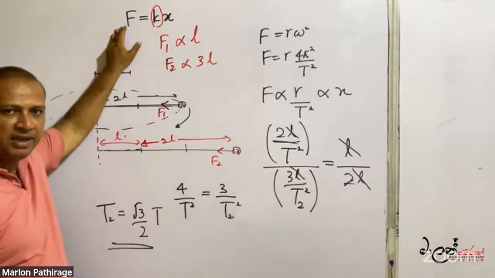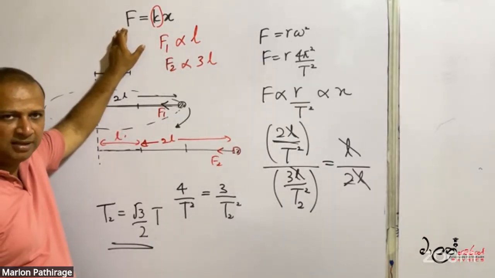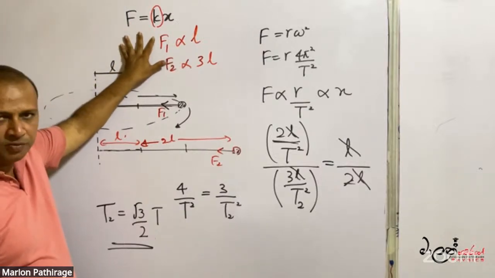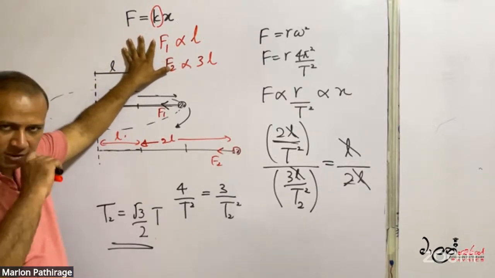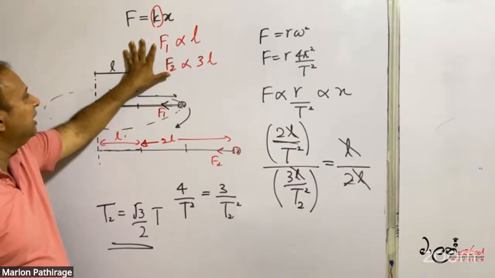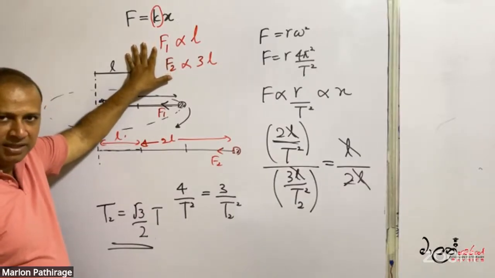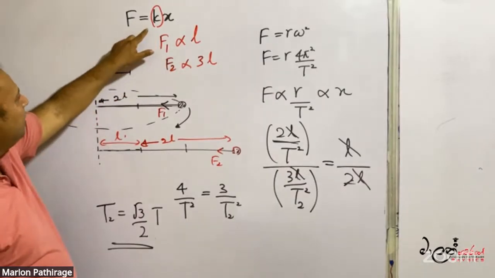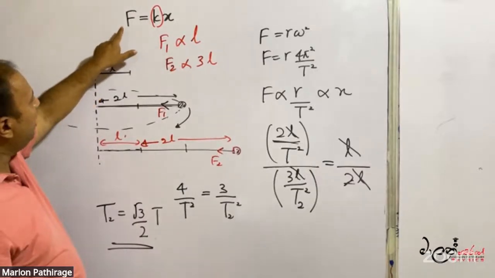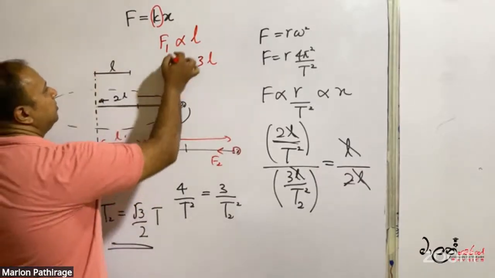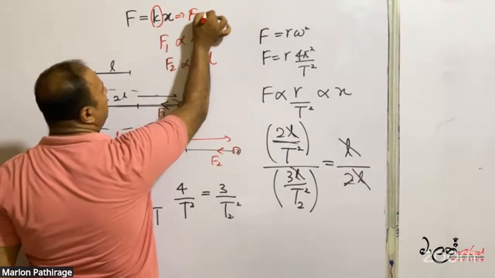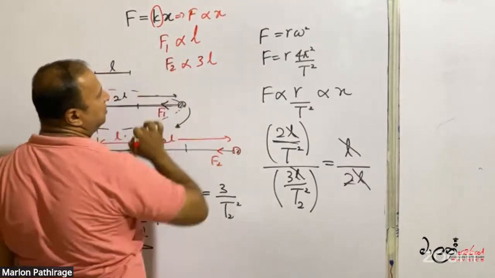Hooke's law: F equals kx. k is the spring constant, or we call it the force constant. As this is a constant, F is directly proportional to the elongation.